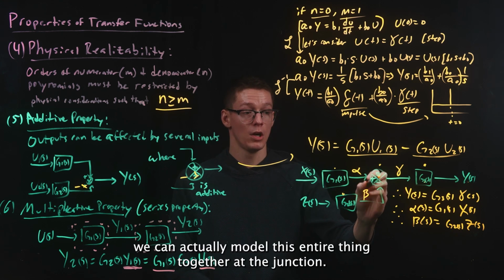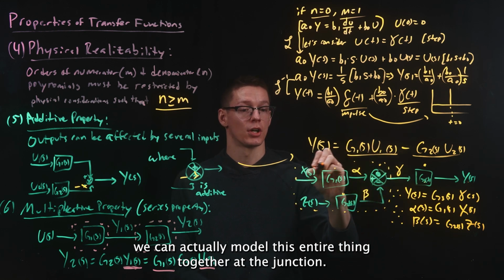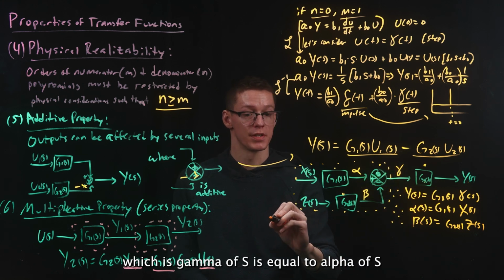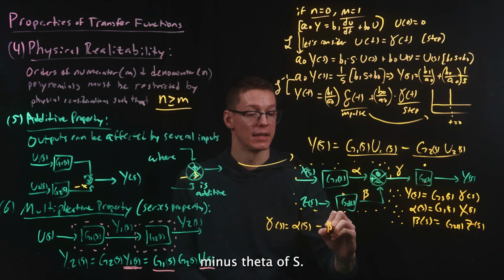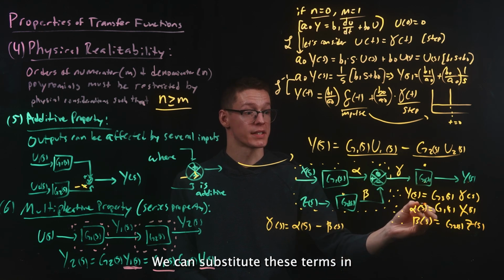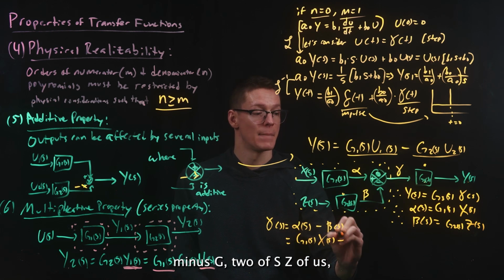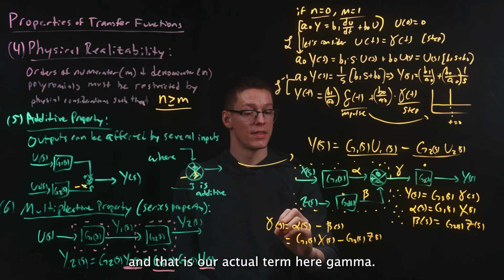With that, we can actually model this entire thing together at the junction. To do that, we're just looking at the junction property, which is gamma of s is equal to alpha of s minus beta of s. We can substitute these terms in, and we would see that this is g1 of s, x of s, minus g2 of s, z of s, and that is our actual term here, gamma.